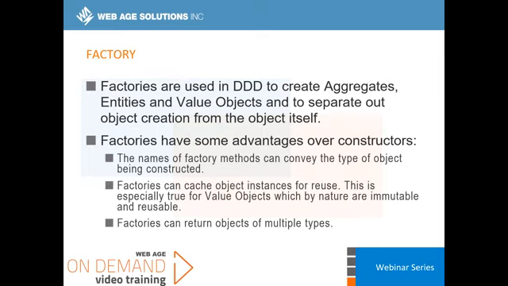And so the factories are useful in creating an aggregate because it will encapsulate the knowledge that's required to create an aggregate in a consistent state and with all the invariants enforced, right? And so the names of the factory methods can be more explicit than new.